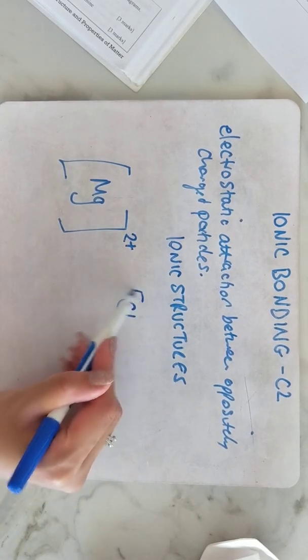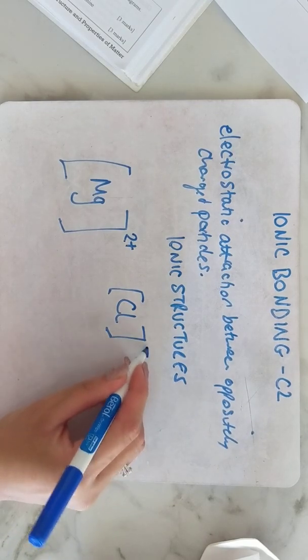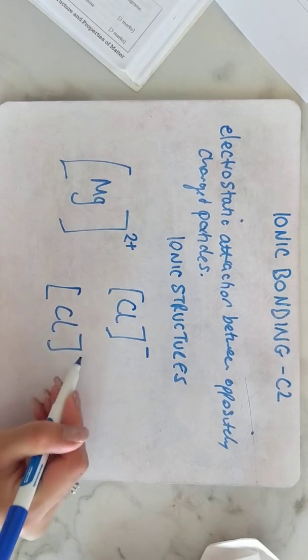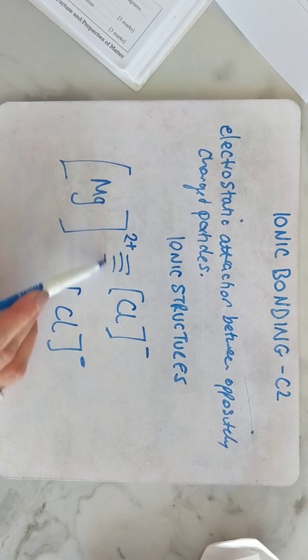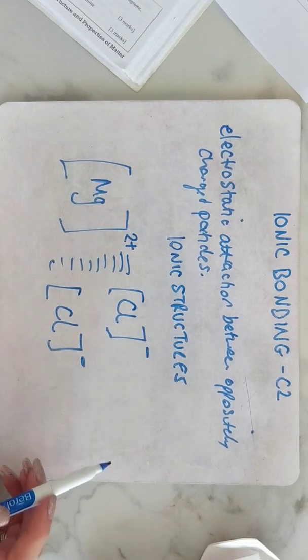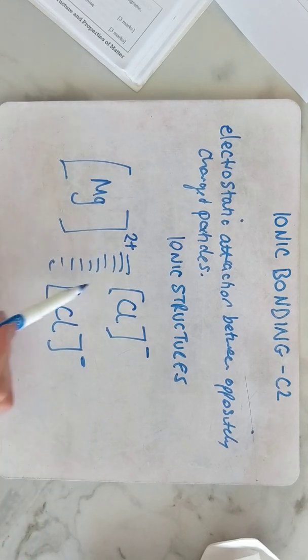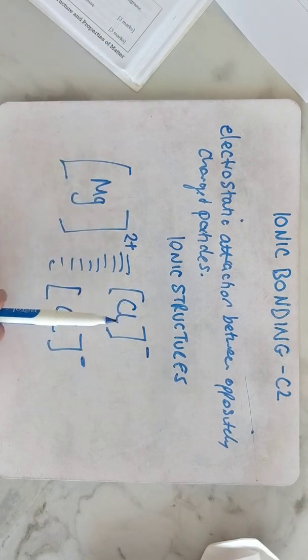Chlorine has just gained 1 electron, so the charge is -1, or just negative. It's 2 Cls and they both gained 1. This attraction between positive and negative is the electrostatic attraction between oppositely charged particles, and that effectively is ionic bonding. The positive attracted to the negative, and it's all about the losing and gaining of electrons.